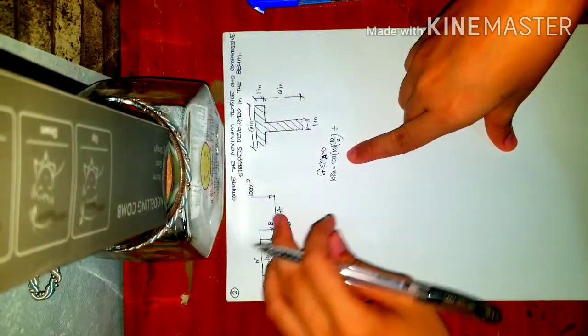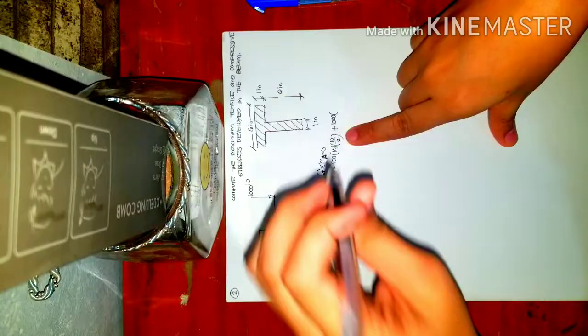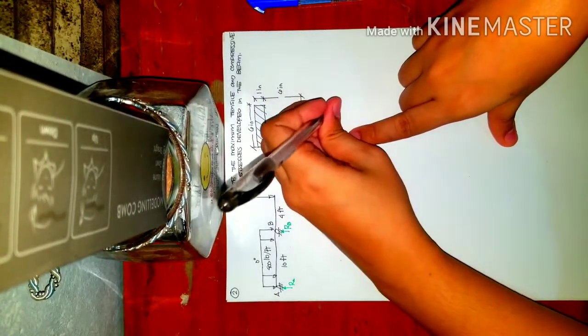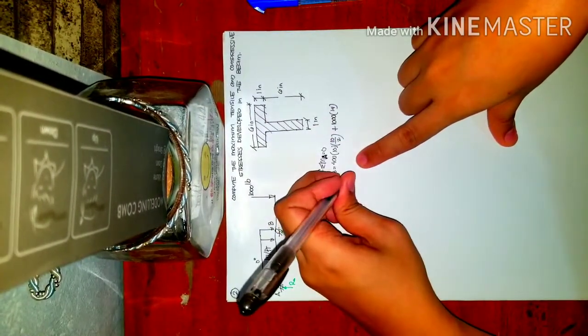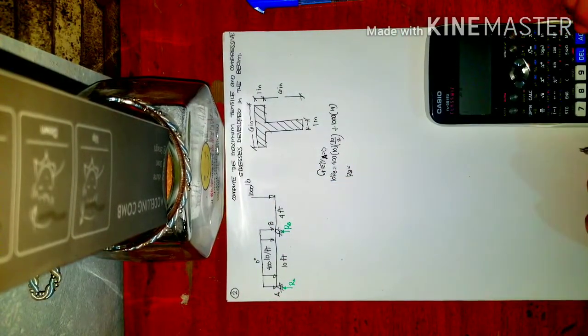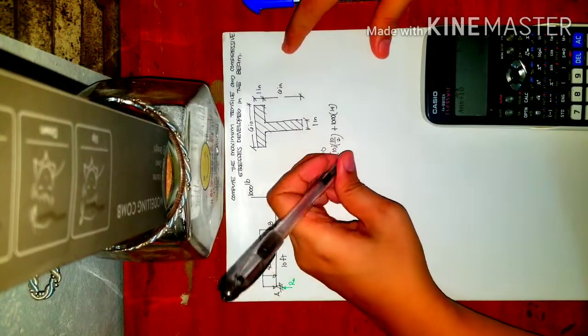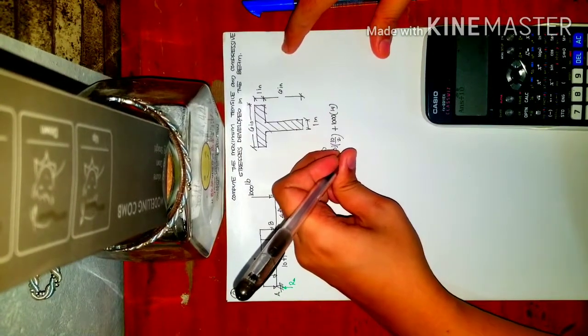And then plus yung 1,000 multiplied by the distance of 14. So what is the value of your RB? 400 times 10 squared is 1,000 times 14 by 10. So the reaction is 3,400.